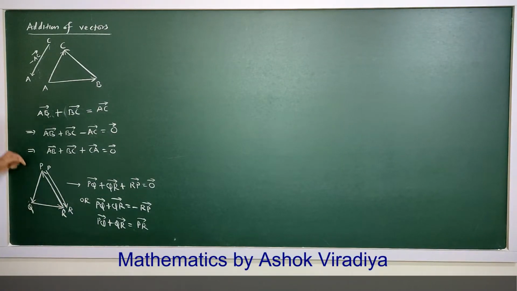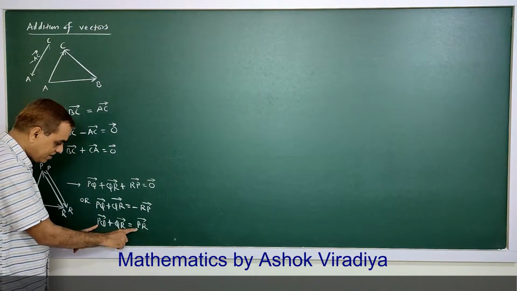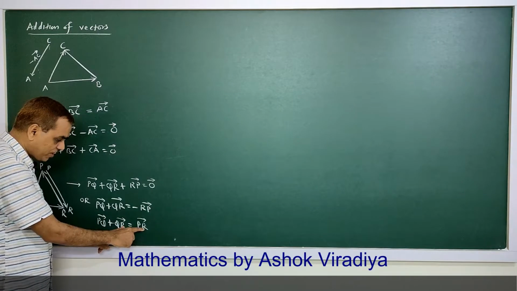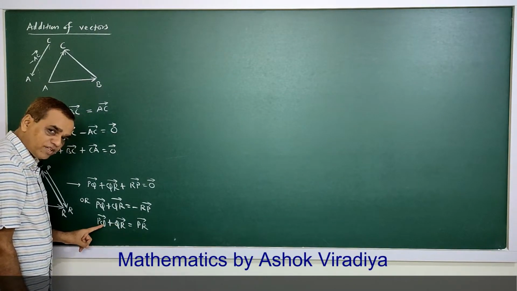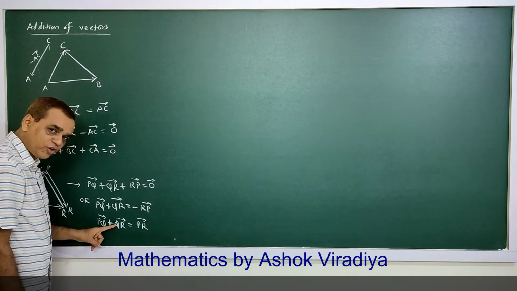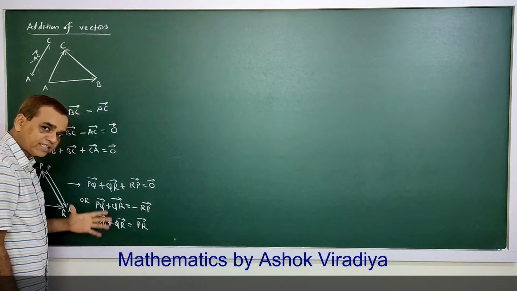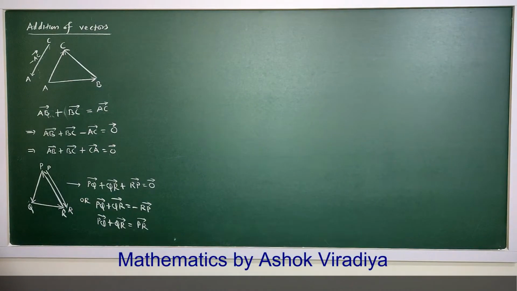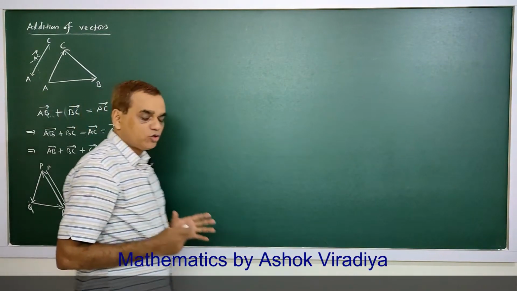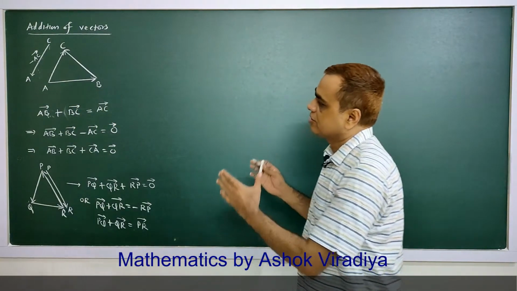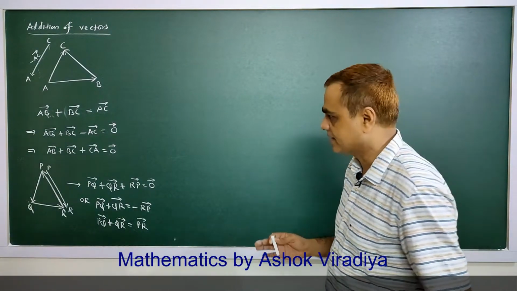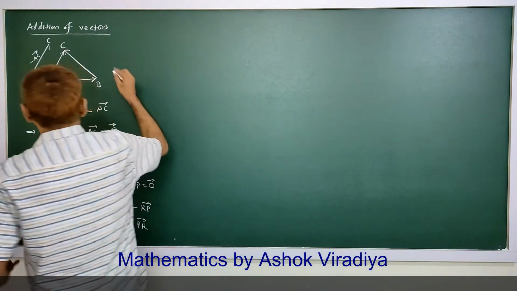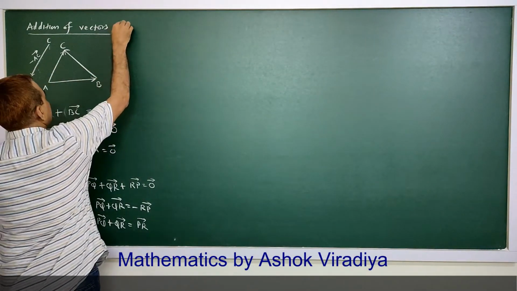PQ plus QR is PR. Initial point put here, last terminal point put here, and when you add two vectors, terminal point of the first vector and initial point of the second vector coincides. So this is said to be triangle law for addition of vectors.